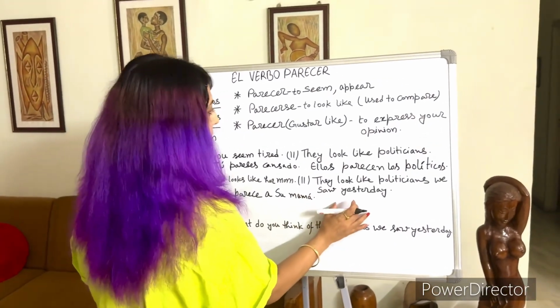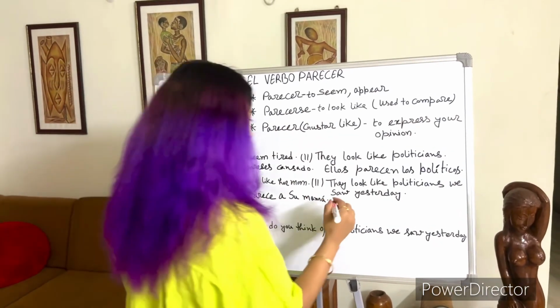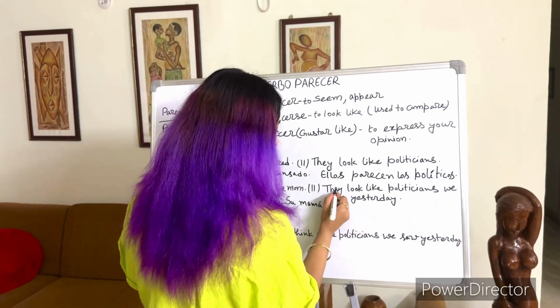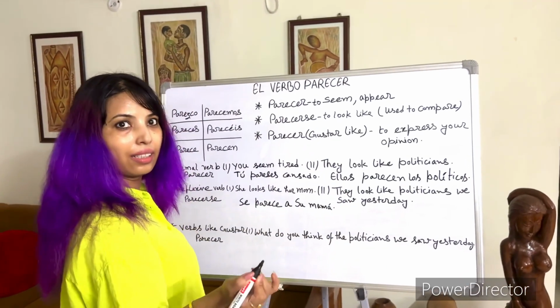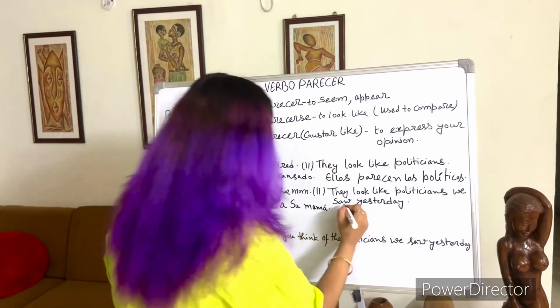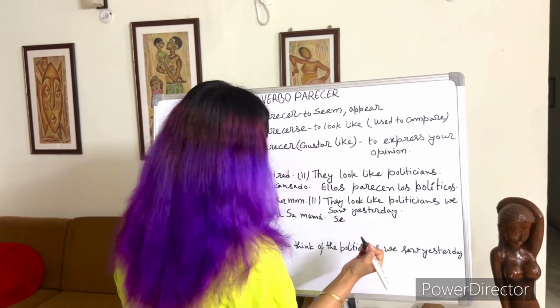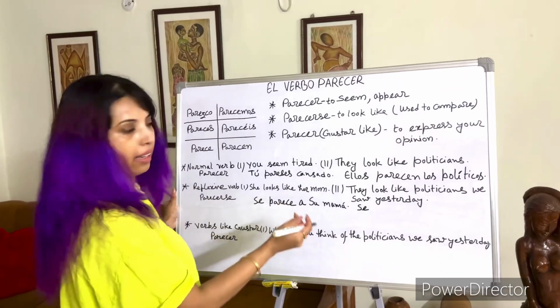So in this case we will be using parecerse. For they also we will be using the reflexive pronoun se, because for third person plural also the reflexive pronoun is se.